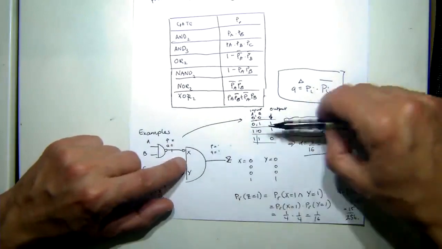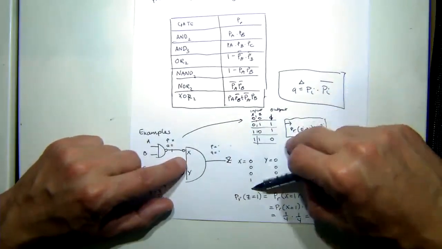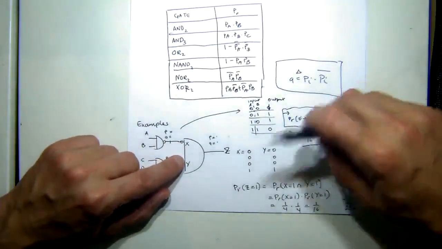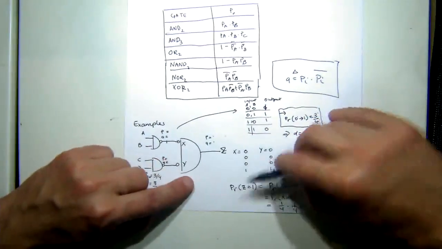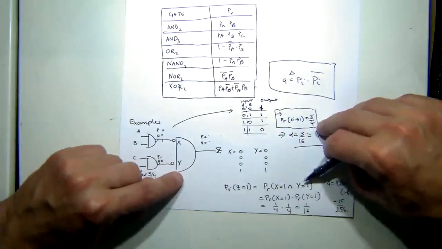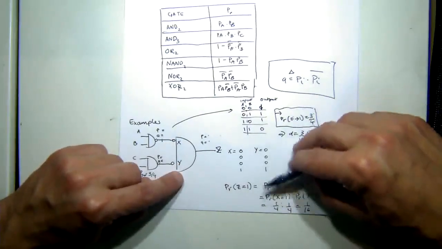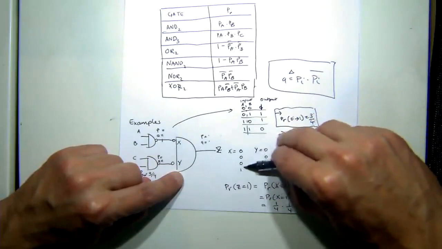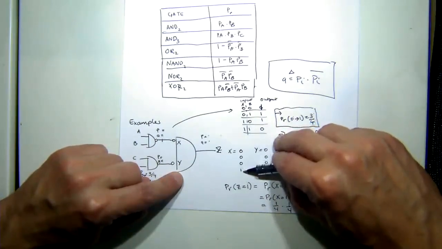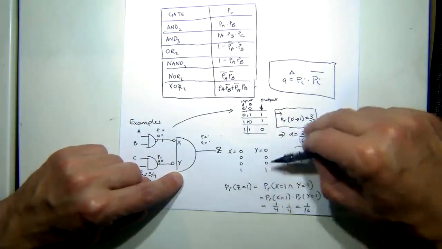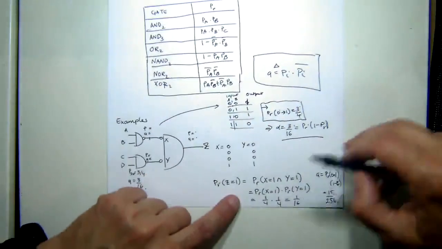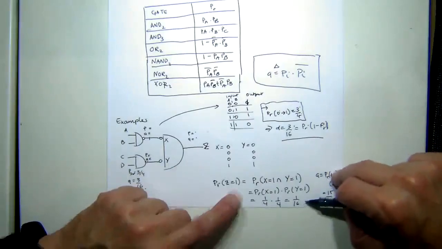If we're inverting them, it's going to be 3 0s and a 1, and 3 0s and a 1. So let's work out the probability of z equals 1, which is the probability of x equals 1 and the probability of y equals 1. The probability of x equals 1 is 1/4 out of 4 total outcomes. The probability of y being 1 is 1/4. So therefore the probability is 1/16.